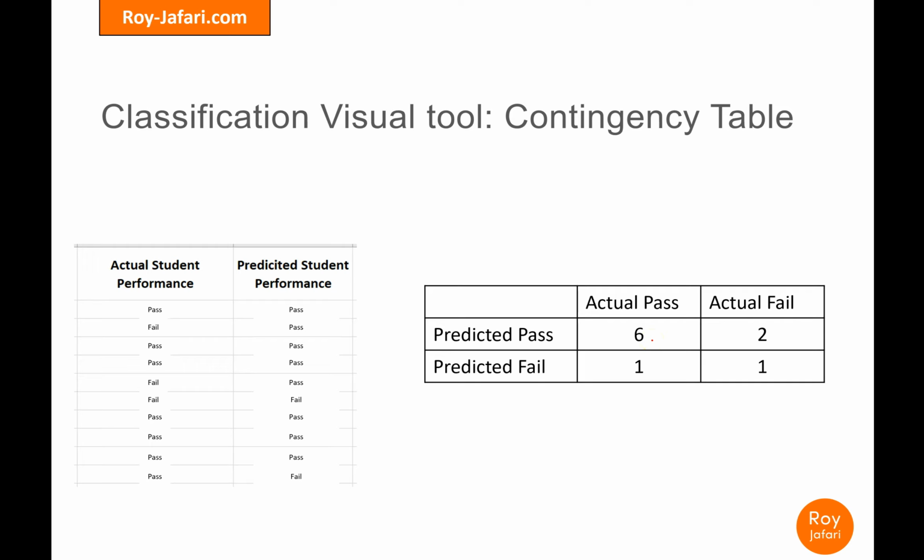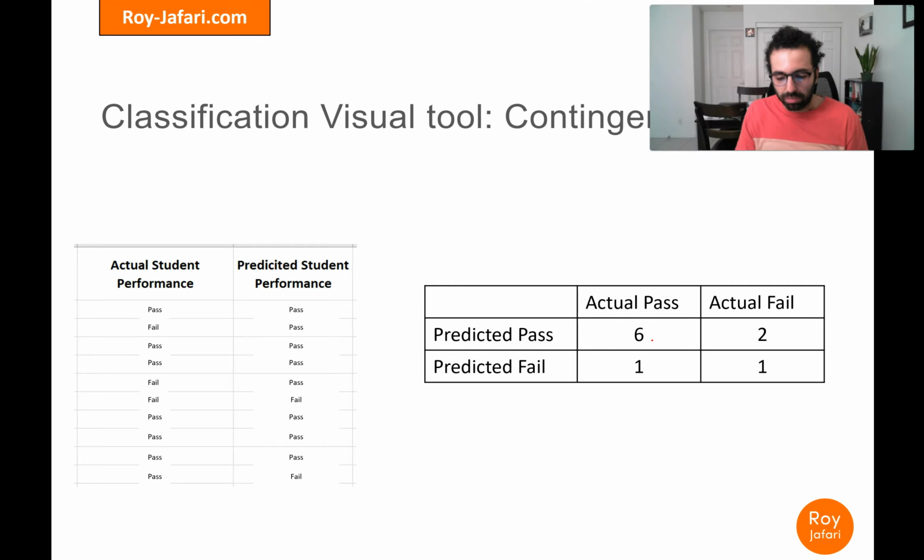One thing we can use is a contingency table. That contingency table is basically us counting the number of cases that we've got on the combination of the actual and prediction. So for example, we have 6 cases here where we've got actually pass, and we've also correctly predicted pass.